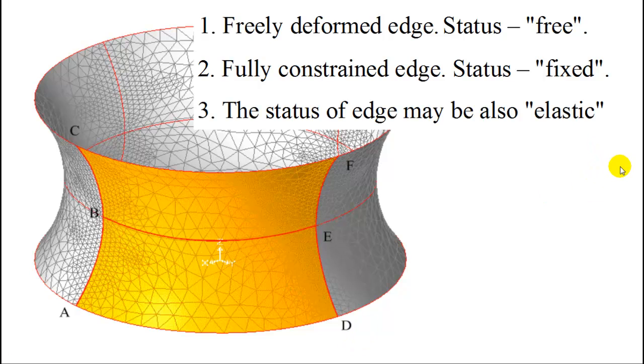Third, the status of edge may be also elastic. Elastic status is something average in between free and fixed. Similarly, vertices can have three types of boundary conditions too, namely free vertex, fixed vertex, and elastic vertex. The third type allows simulating cables to stretch fabric cloth.